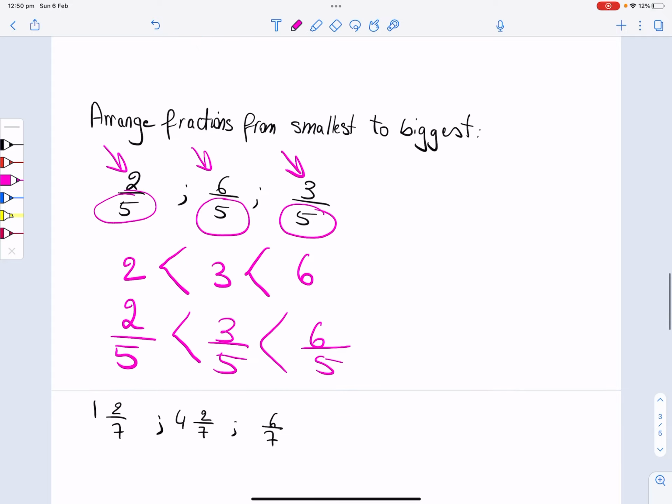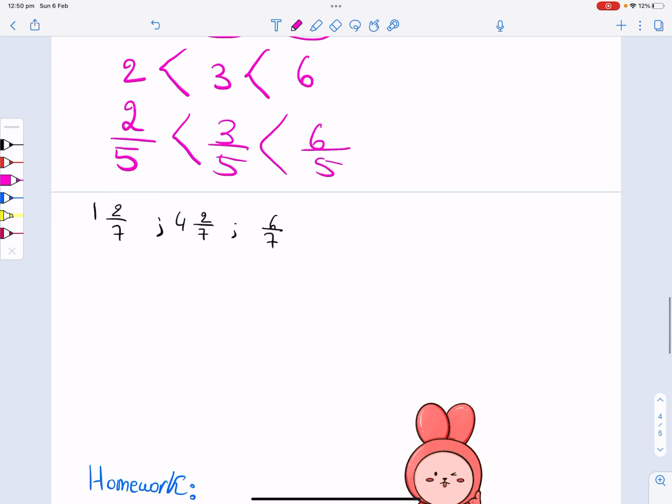Okay. Here is another example. If they ask us to arrange from smallest to biggest, what do we do? Here we first need to do a small step before ordering. We have 1, 2, 7. What we need to do is multiply. 1 multiplied by 2 gives 2 over 7, and then we multiply 2 by 4. We have 8. And then it's the same.